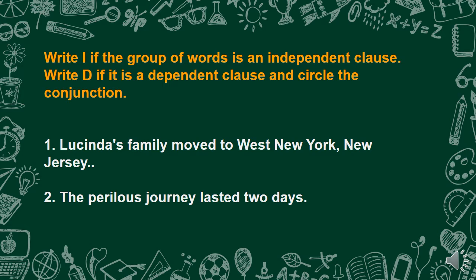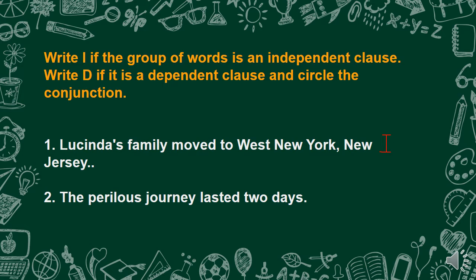So let's think about this one. Is it independent or dependent? Does it have a meaning on its own or not? Lucinda's family moved to West New York, New Jersey. Yes, they moved, and they are telling us where they moved. So this is an independent clause. It can stand on its own.